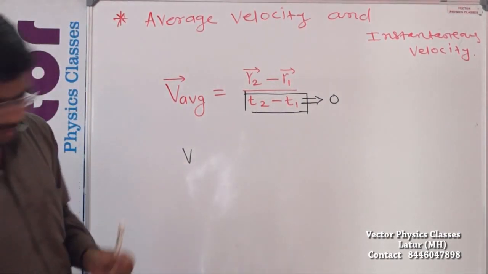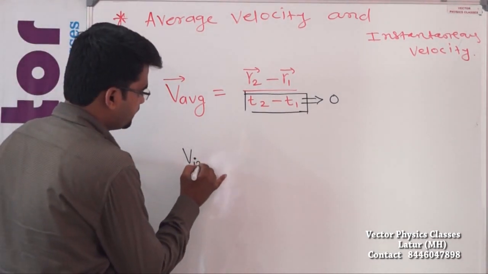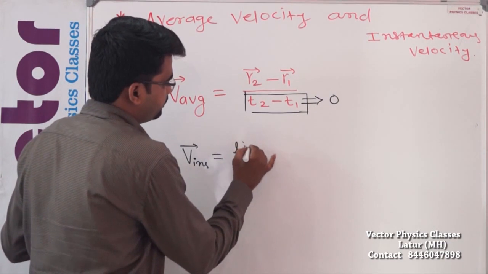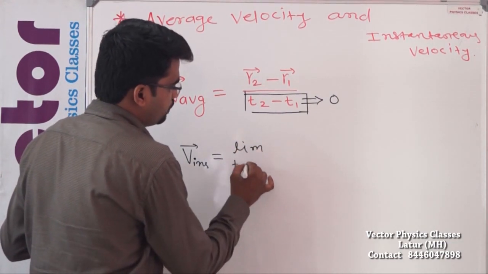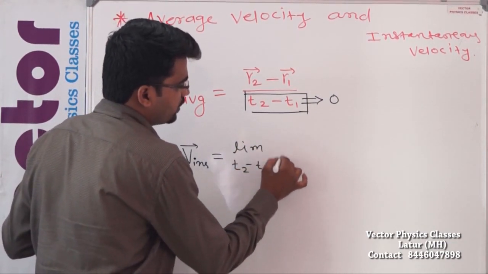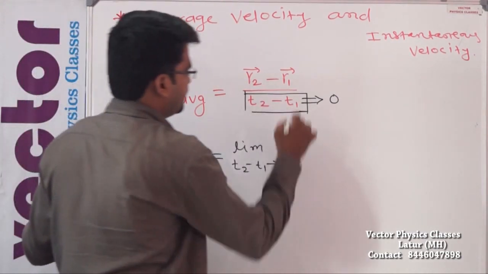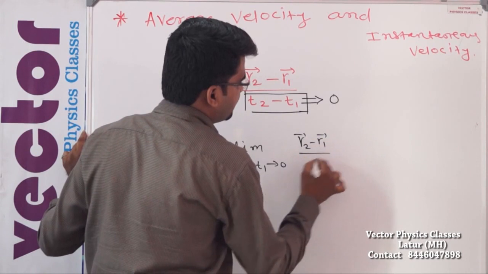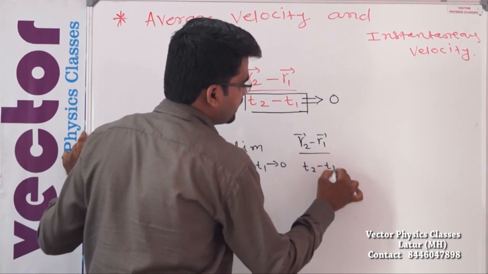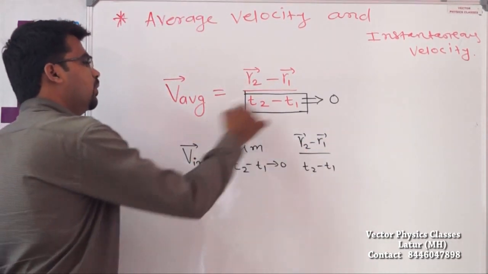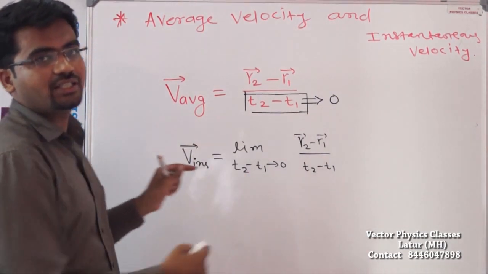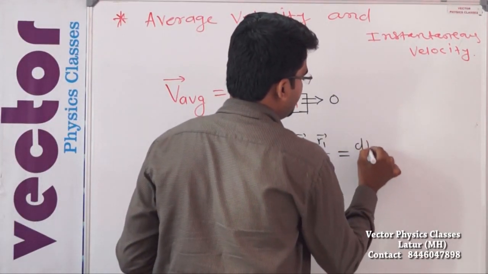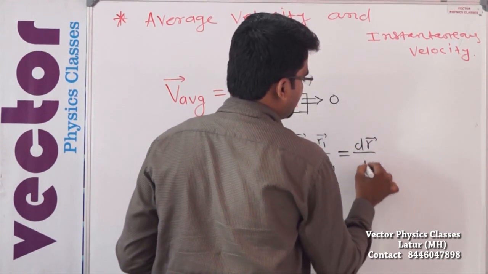So V instantaneous you can write as the limit t2 minus t1 tending towards 0 of r2 minus r1 divided by t2 minus t1. We can write this by using differentiation, and that is dr by dt.